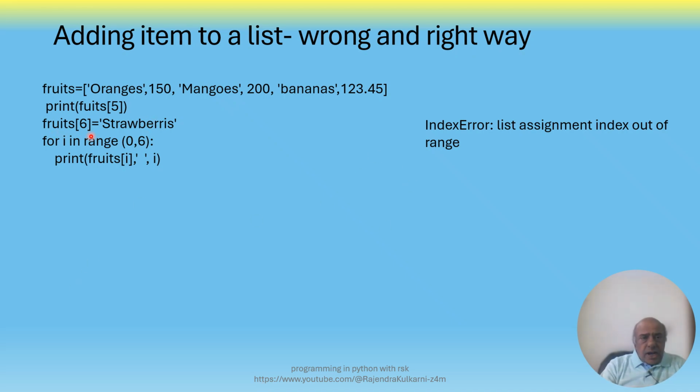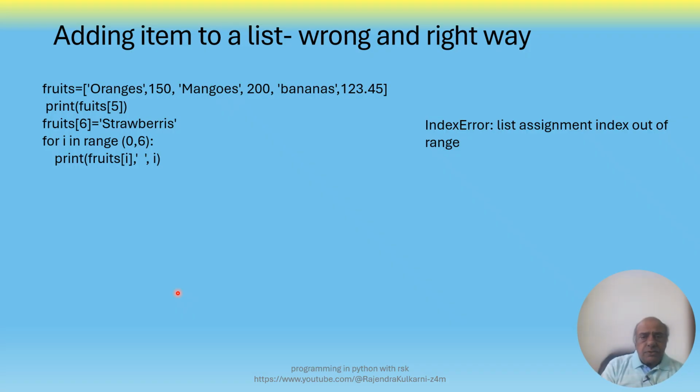When I want to add a sixth object, or seventh object, at index 6 as strawberries, and I try to run the program, I get list assignment index out of range.